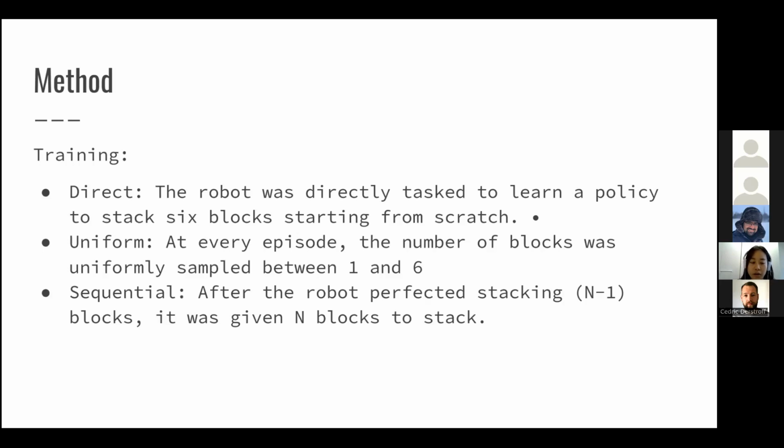And the final one is the sequential, which means that after the robot perfectly stacks n blocks, it is then given n plus 1 blocks to stack. Actually, the sequential one is the final method which this paper tries to use.